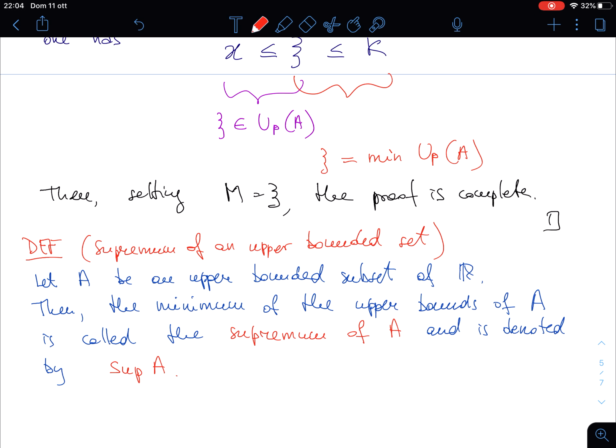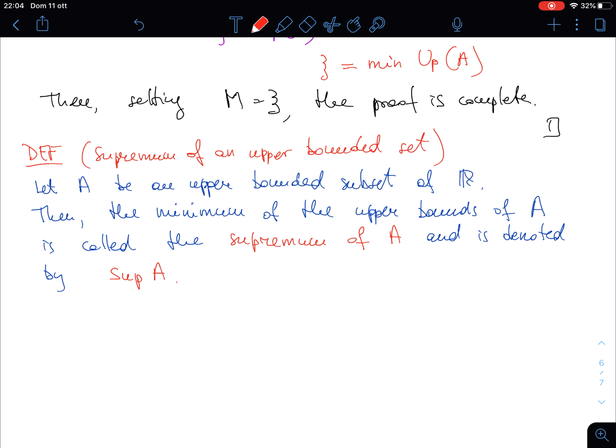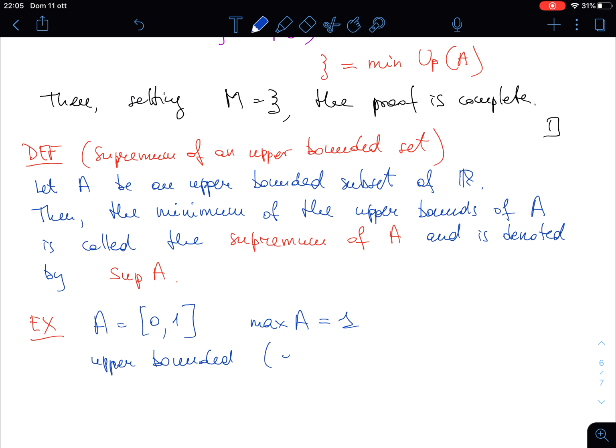Okay, let me clarify all notions we introduced by some examples. I want to retain the same examples as before, when I introduced the maximum. So the first example is given by the closed interval 0, 1. We already showed that the maximum of A is equal to 1. A is upper bounded. For instance, 2 is an upper bound.